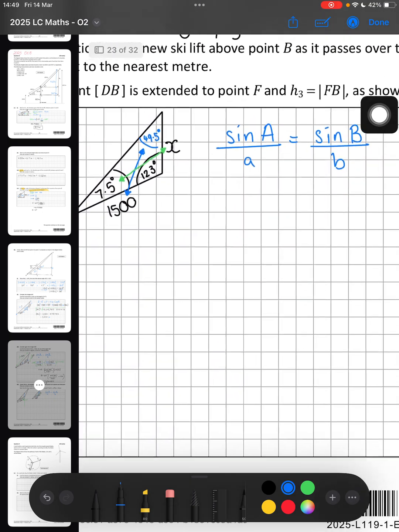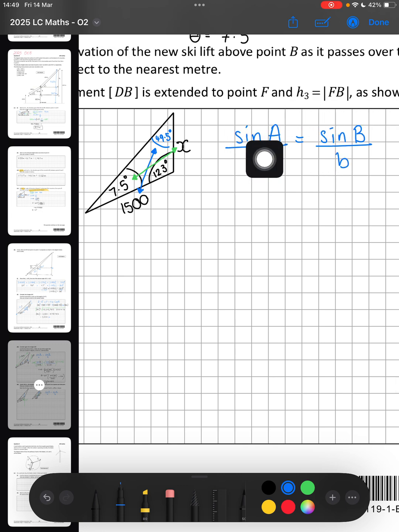The nicer way is to flip both sides, so that I get A over sine A equals B over sine B. That way when I fill it in, my unknown is on the top line, which makes it easier to rearrange. So, one side and its matching angle, and then another side and its matching angle.